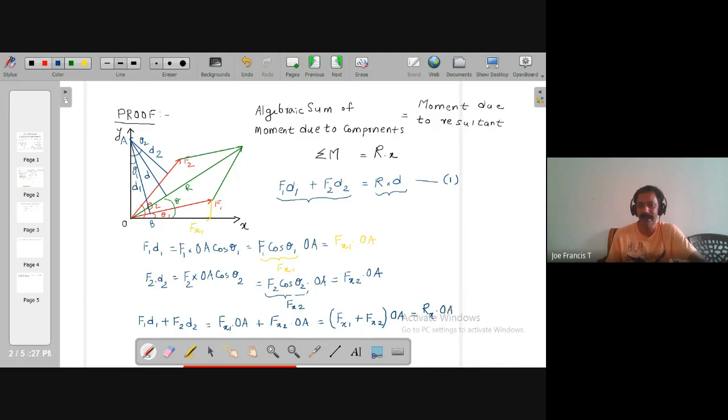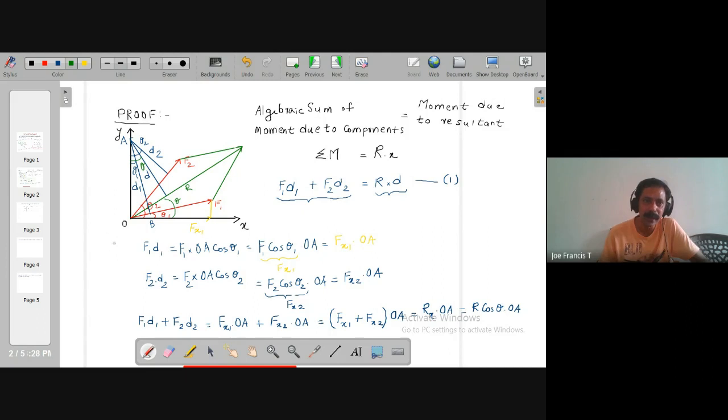Now what is Rx? The x component of the resultant. I'll put it as Rx. So instead of Rx, you can write it as R cos θ into OA. Now, what is R cos θ into OA? Again, if you apply the similar theorem, if this angle is θ here, this D will also make an angle θ. This angle is θ.